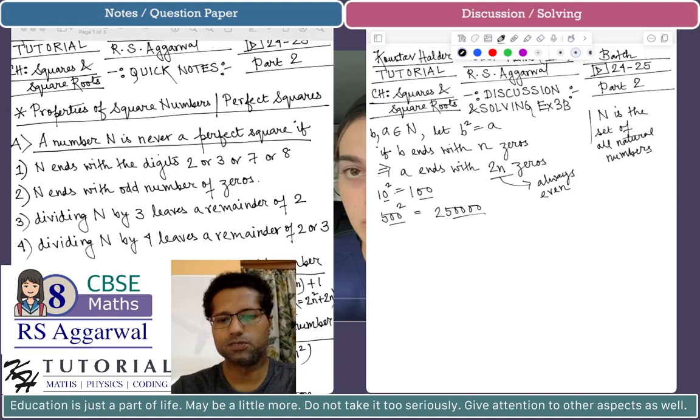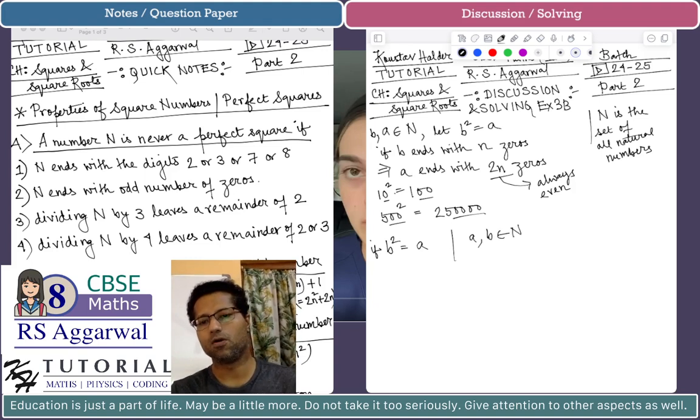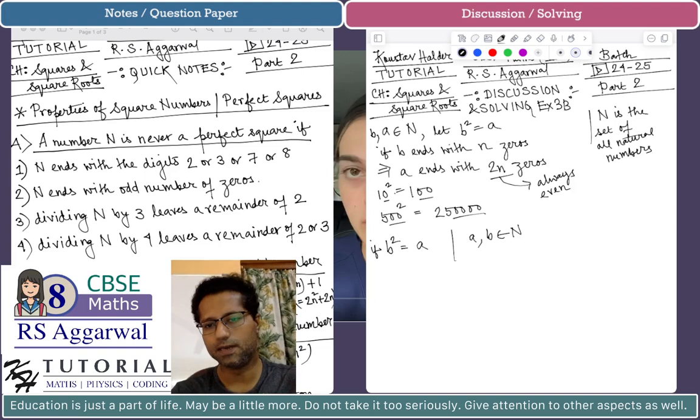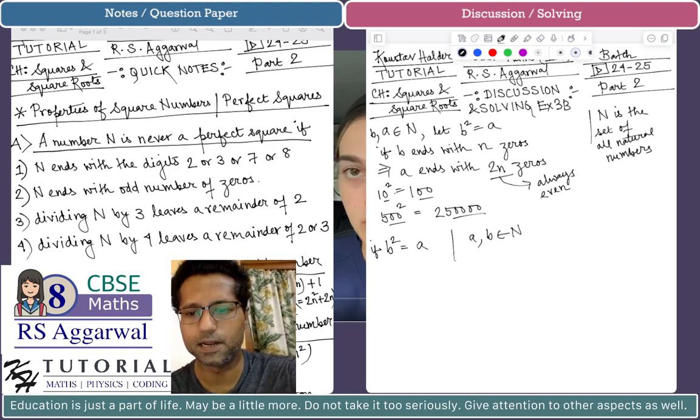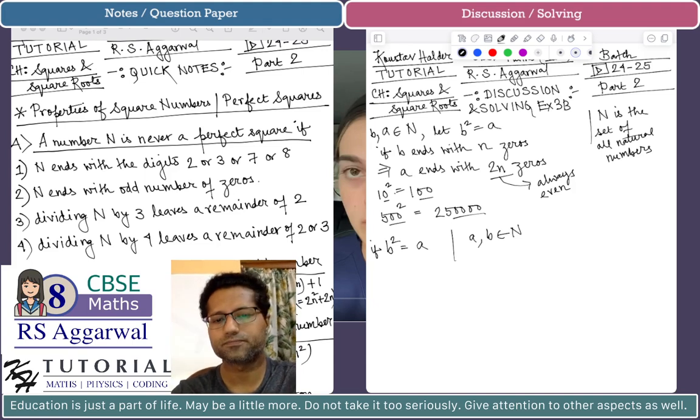So if we have b squared equals a, where a and b both belong to N, that is, both a and b are natural numbers, then odd b will imply odd a. If b is odd, then a will be odd. Also, if b is even, then its square will also be even. So this is the concept.